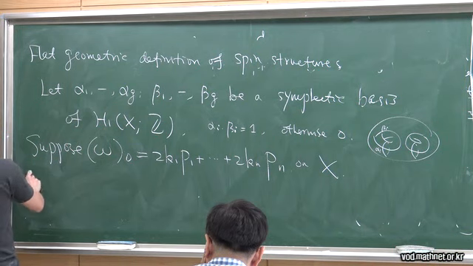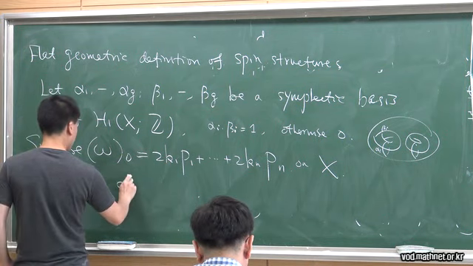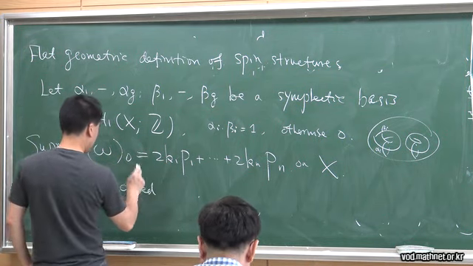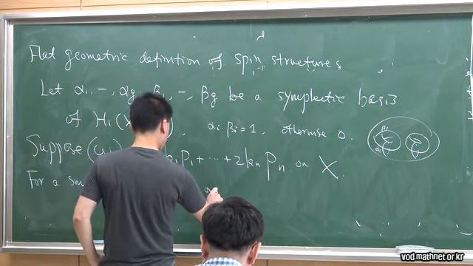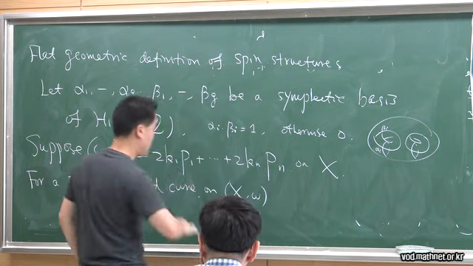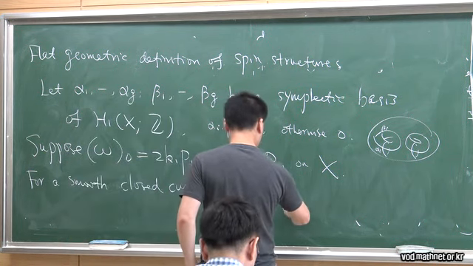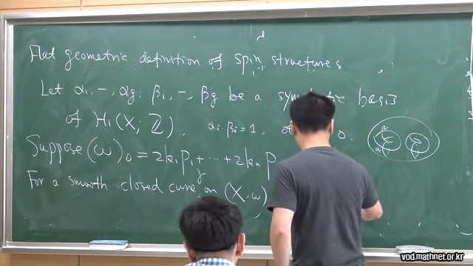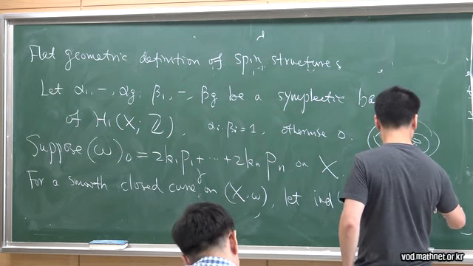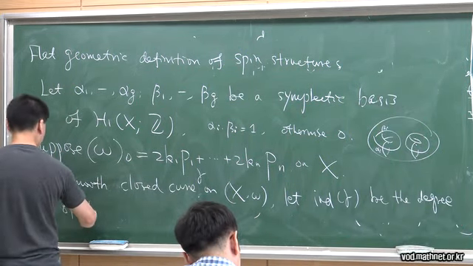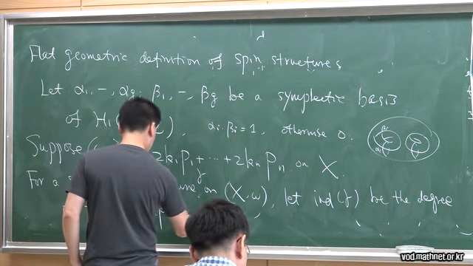So for a smooth simple closed curve on (X, omega), I have this flat metric. So let's give it the name gamma. Let the index of gamma be the degree of the Gauss map associated to gamma.